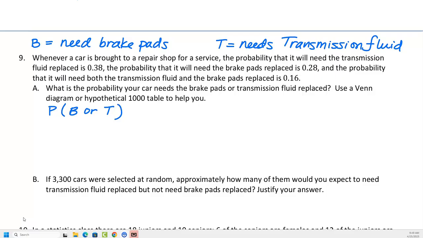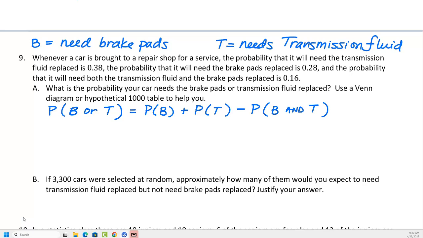And when you do or, isn't it going to be the probability of B plus the probability of T minus the probability of B and T? Do you guys agree? They actually gave us all of that information in the words above it, so we don't even need the diagram.